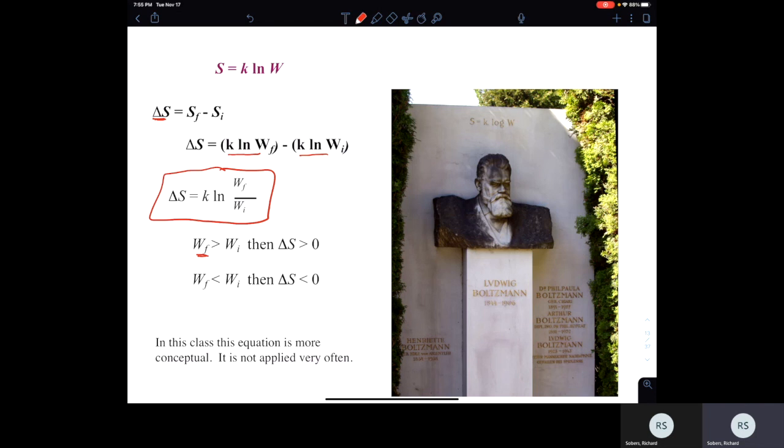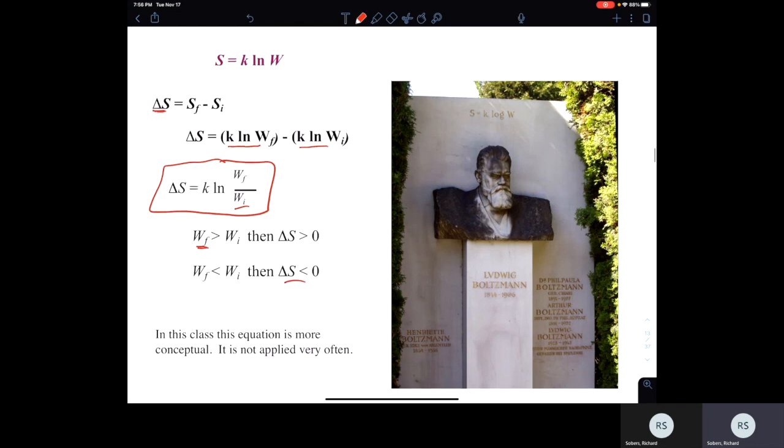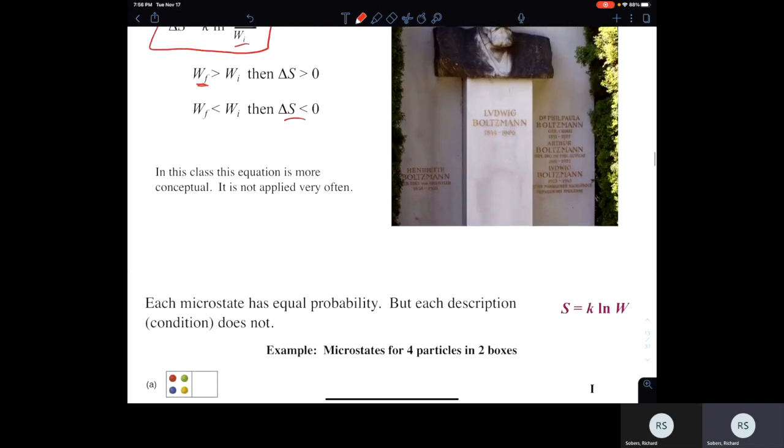So delta S will be positive. If you go from an initial state to a final state that has fewer microstates than the initial, then that ratio will be a fraction, and the natural log of it will be a negative number. So delta S would be negative.